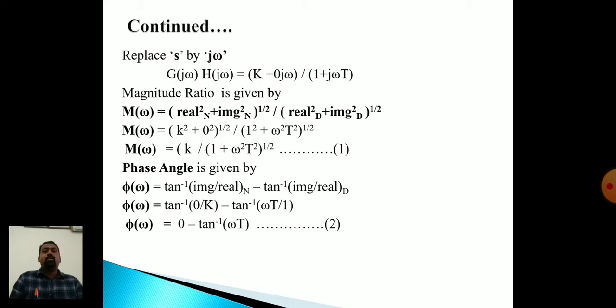So once again, φ(ω) equal to tan inverse of 0 by k, that is the numerator term, minus tan inverse of ωT by 1, that is the denominator part. Finally, tan inverse of 0 is nothing but 0, so directly φ(ω) equal to minus tan inverse of ωT, that you can call equation number 2.